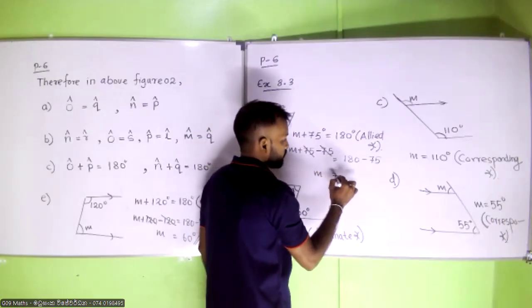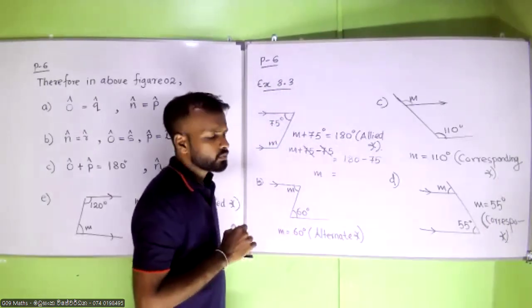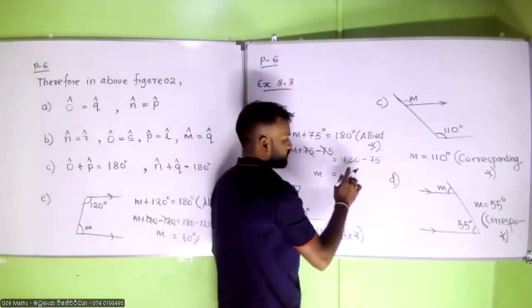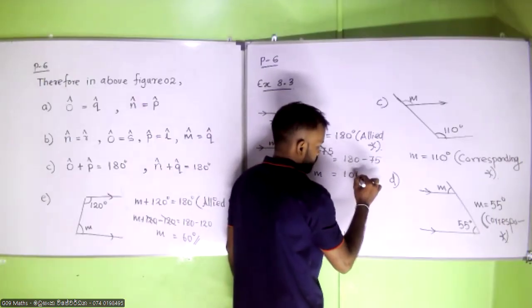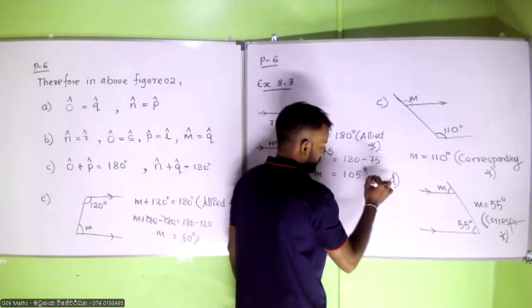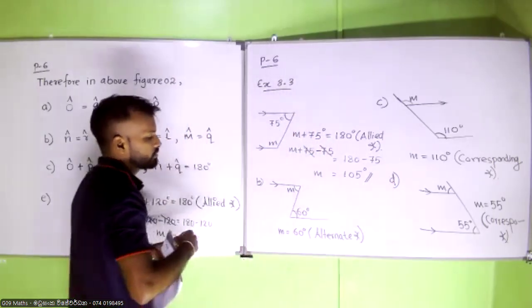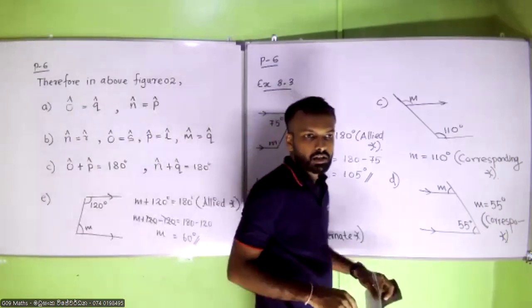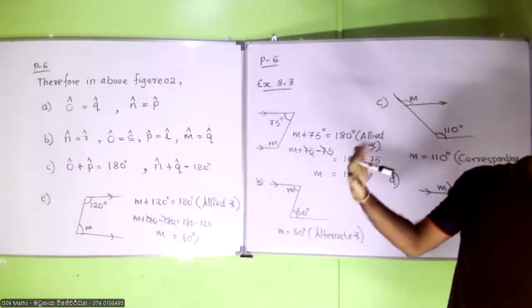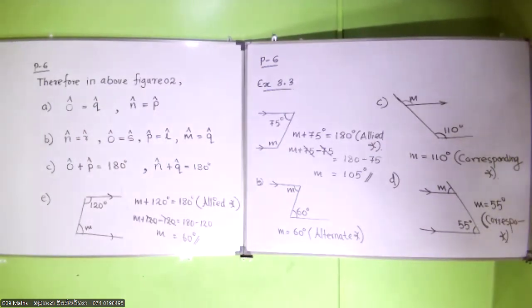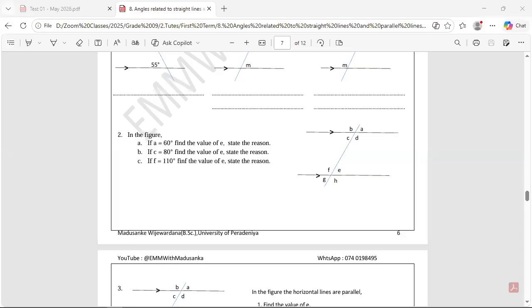M equals 180 minus 75, 105. Okay, so this is it. Got it or not? Clear or not? Alright, part D is done.